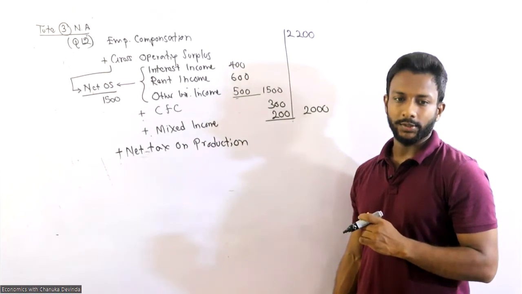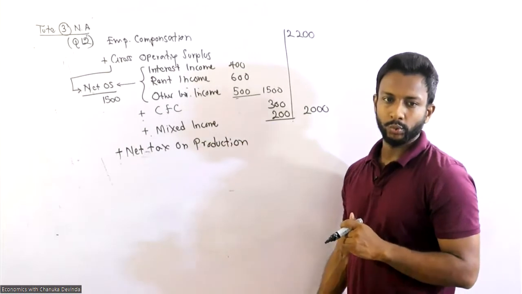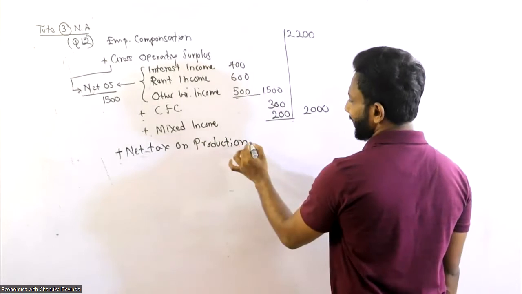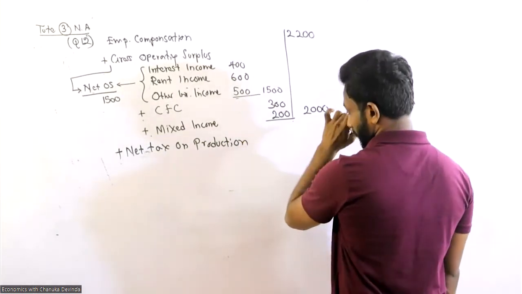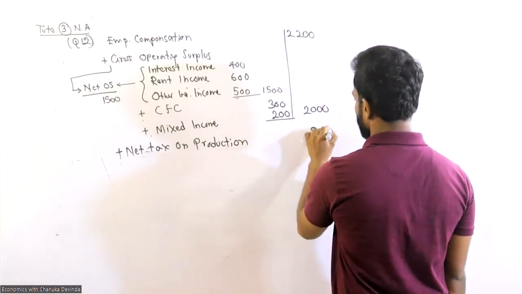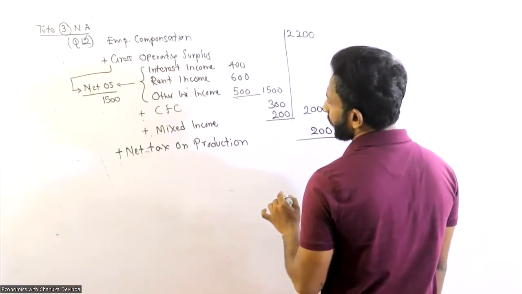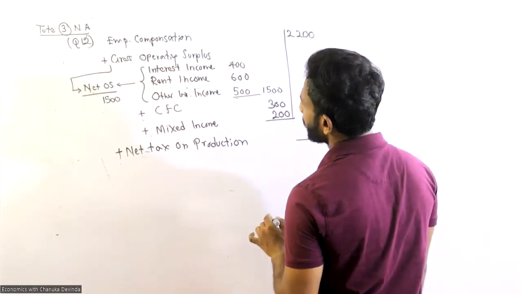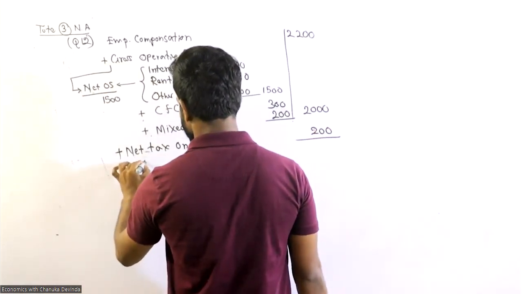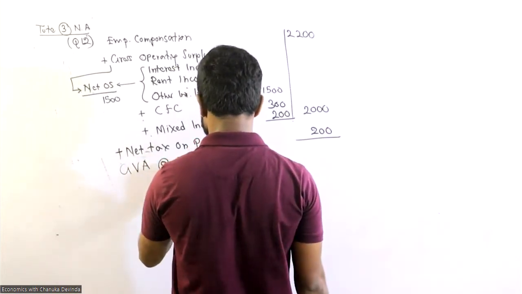Net tax on production, yes, it is 200. Don't take net tax on products, right? It is for GDP. 200. Right. When we add all these elements together, we can identify gross value added at basic price.